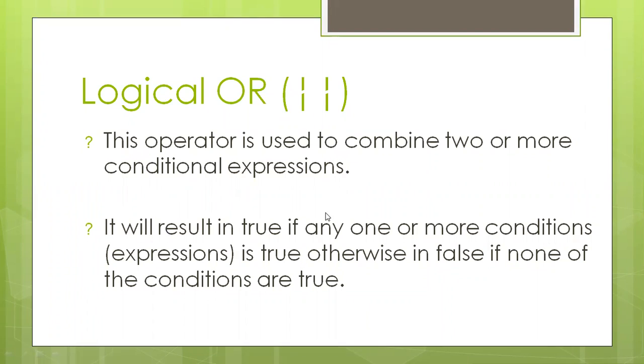If any one, mind it again, any one of the conditions is true, or more than one condition is true, it's going to return true. Means for a true result of the OR operator, you need only one condition to be true.